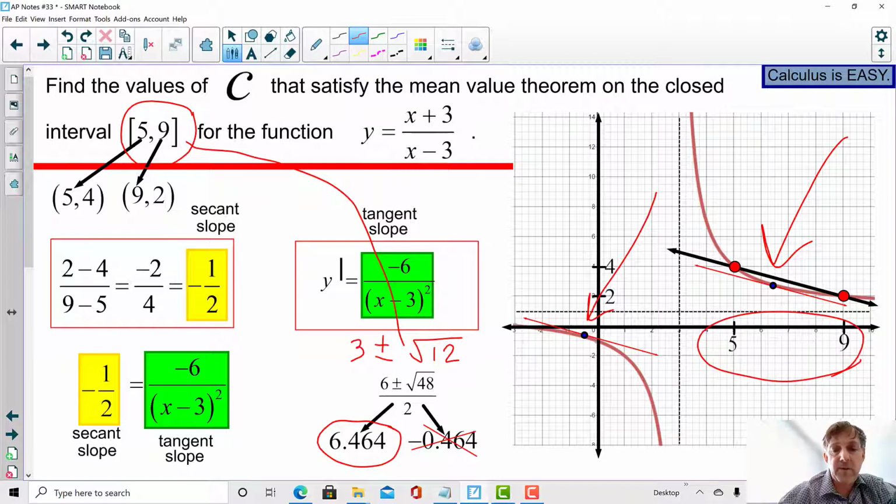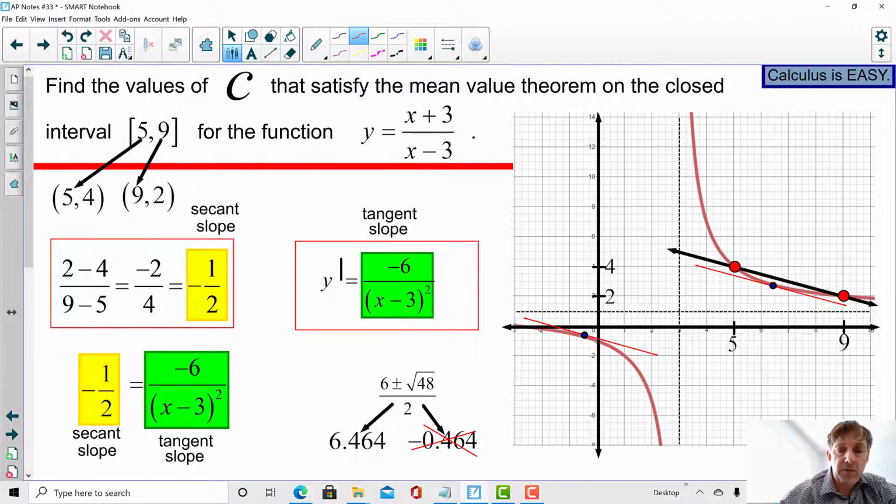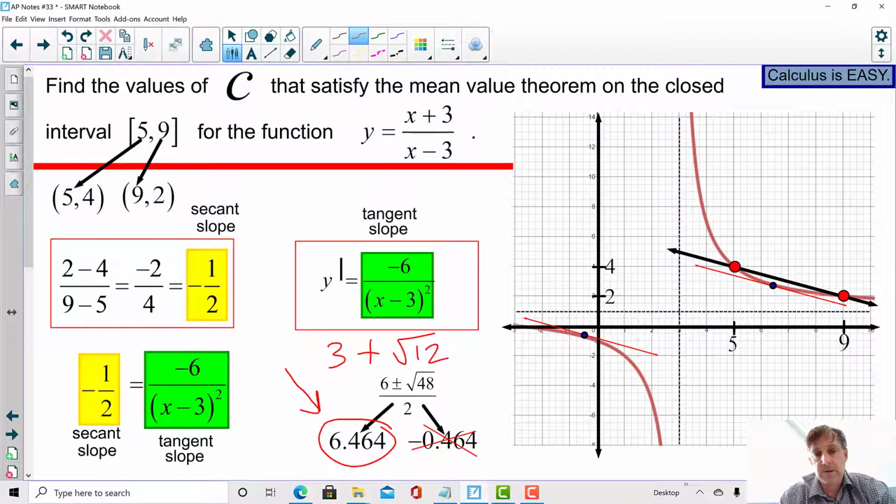So we're going to have to throw that one away. So the only c value that works is going to be 3 plus the square root of 12. The decimal approximation would be 6.464. That's the value of c that satisfies the mean value theorem on our closed interval from 5 to 9.